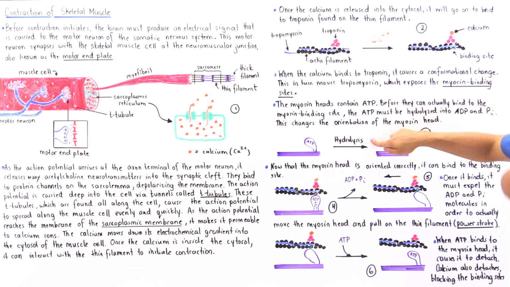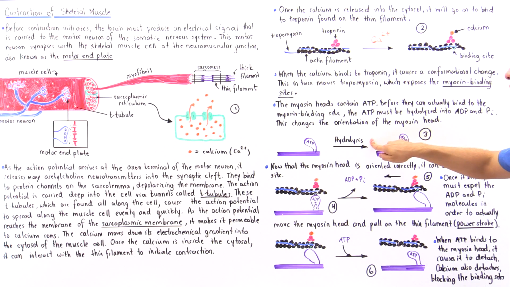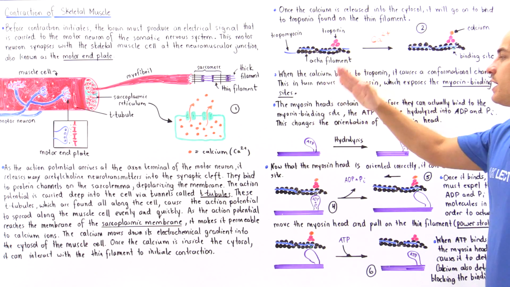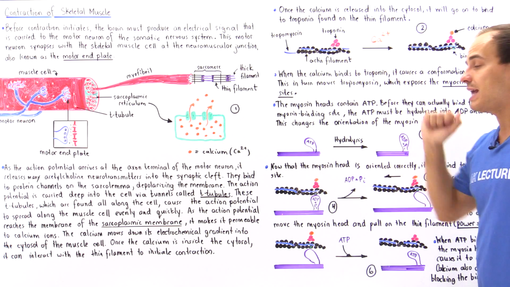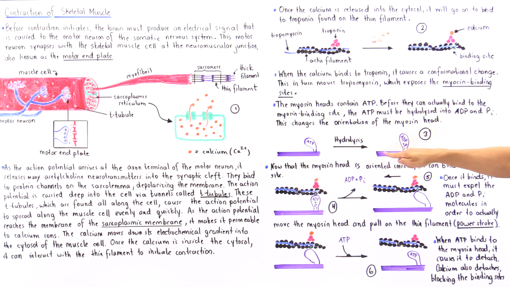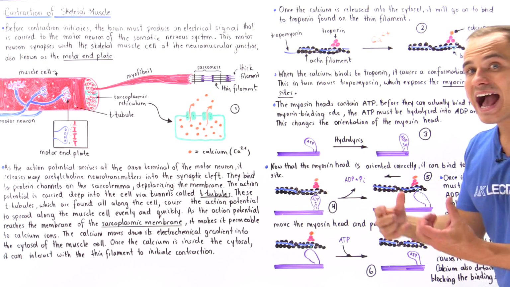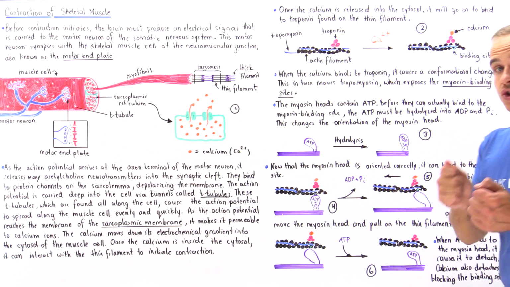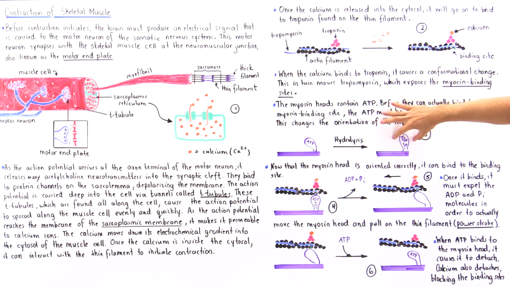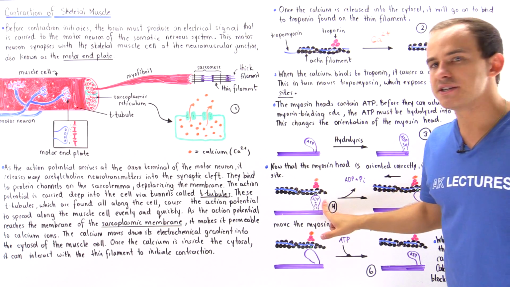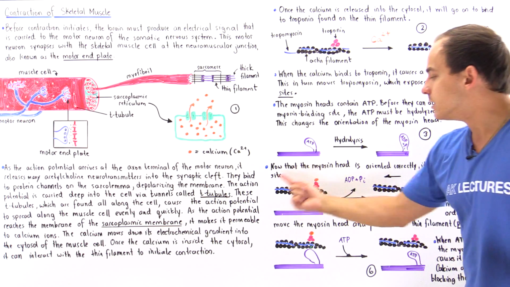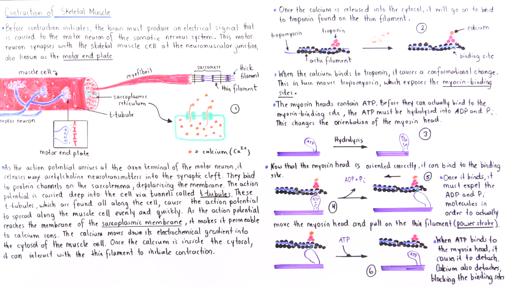But when hydrolysis takes place and we produce the ADP and the P, this myosin head orients itself approximately at a 90-degree angle with respect to our thick filament, as shown in this diagram. And now the orientation is just right for this myosin head to bind to our binding site. And this binding, let's label this as step number 4.